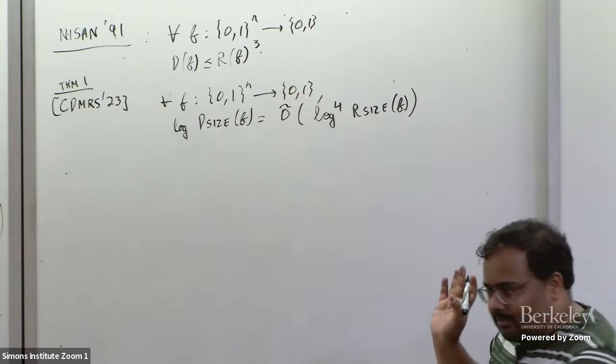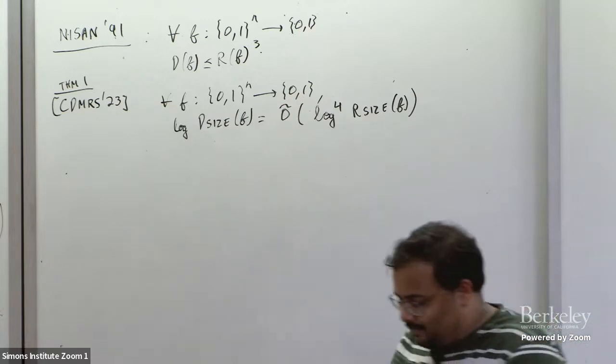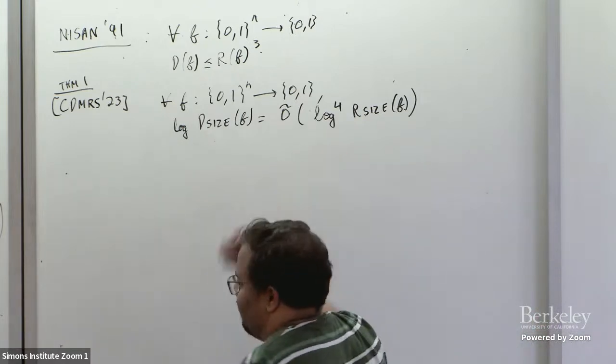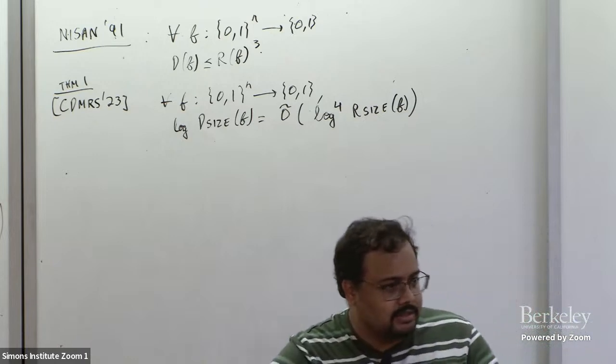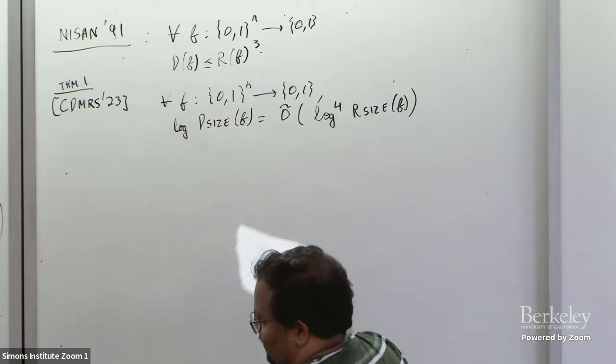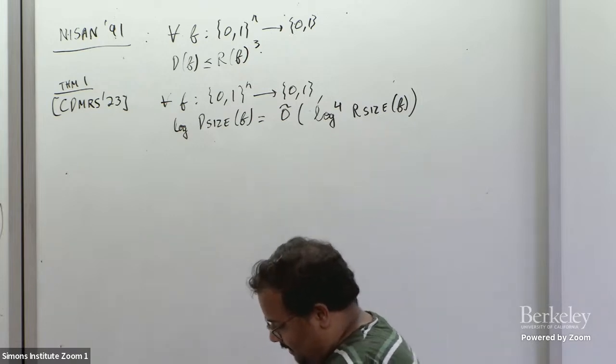I'll get back to log factors at the end of the talk, but for now, let's say we don't care about them at all. Okay. So in some sense, this answers the space analog of whether de-randomization is possible in the query world or not. And it is up to log factors, which we can also get rid of later. Spoiler.